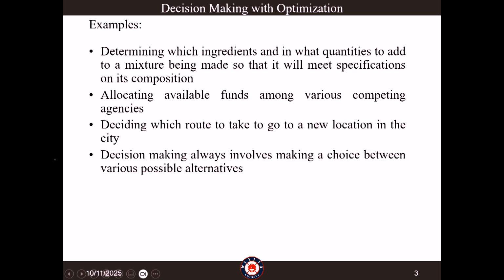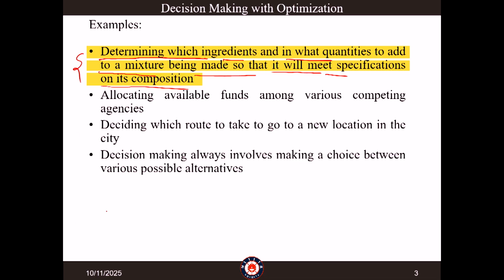What are some examples? Determining which ingredients, and in what quantities, to add to a mixture being made so that it will meet specification with its composition. Actually, this is an example of an alloy.